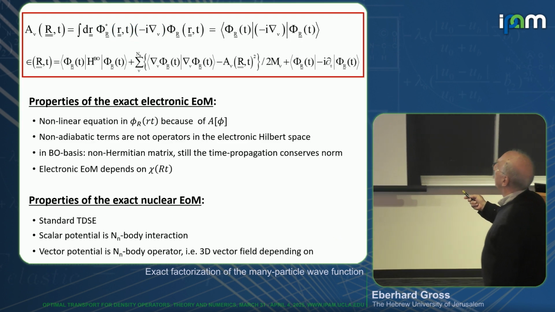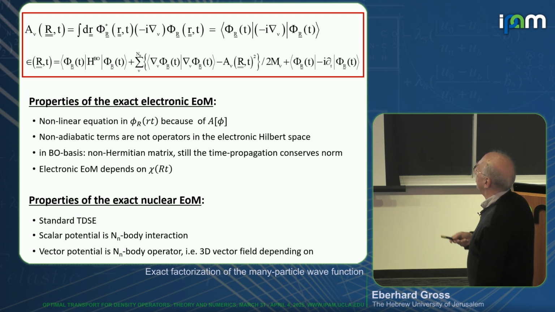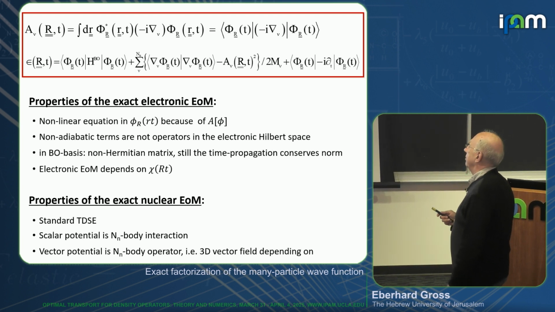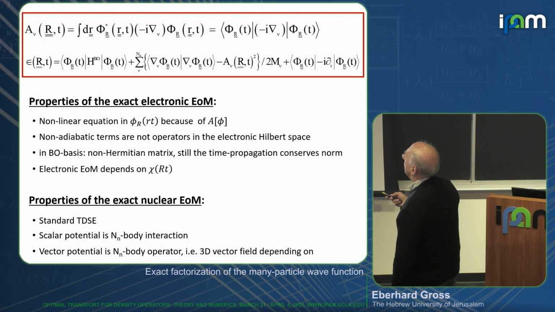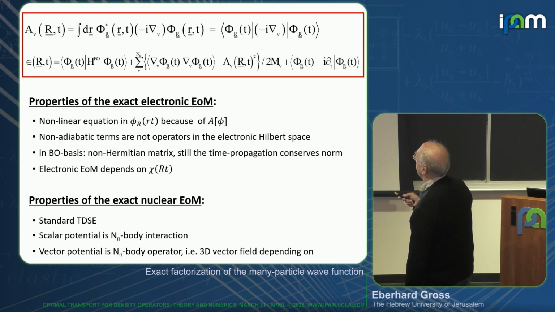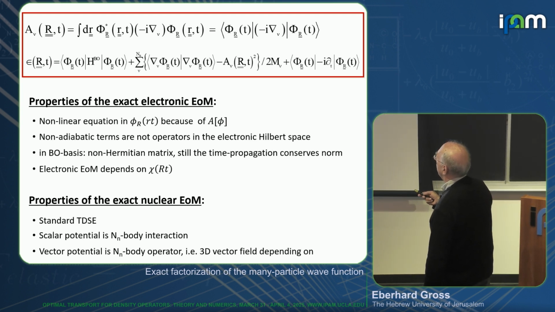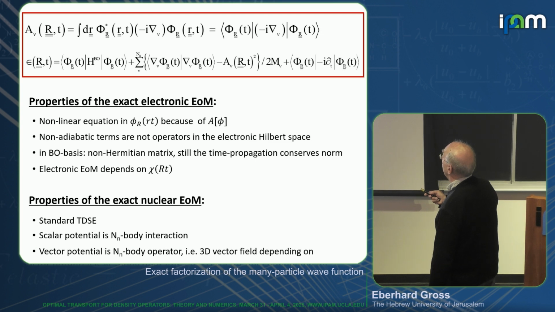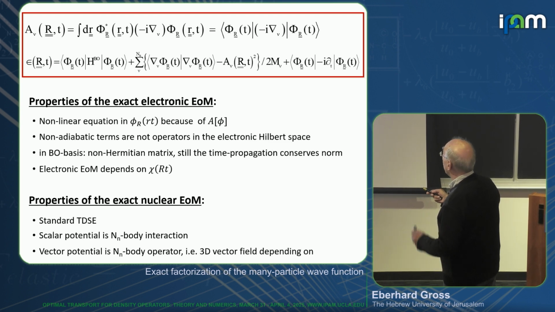Okay, so here's this vector potential. Again, it has the structure of a Berry connection. And the time-dependent potential energy surface is an expectation value of the Born-Oppenheimer Hamiltonian, but importantly, not of a Born-Oppenheimer state, but of this time-dependent electronic wave function.